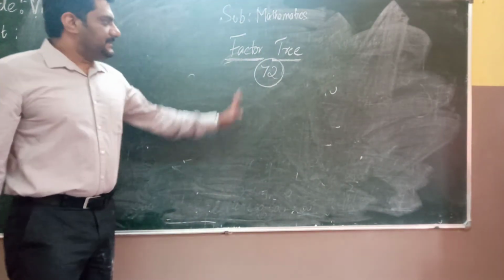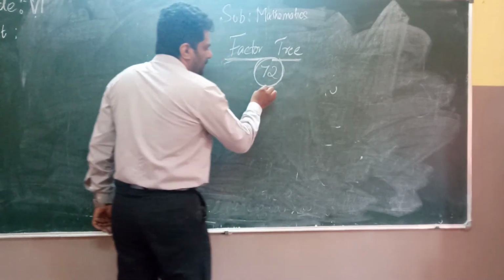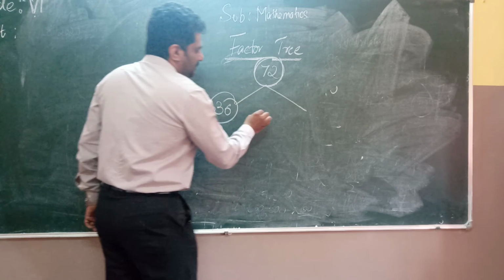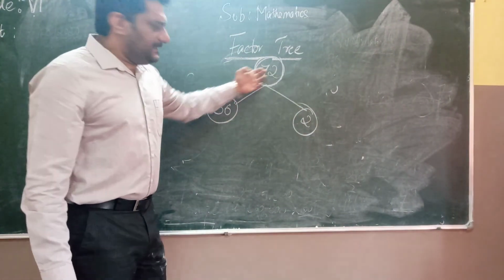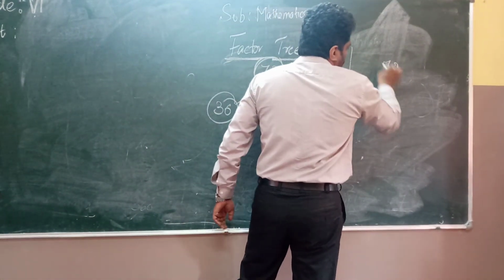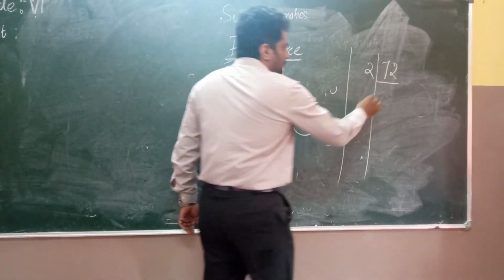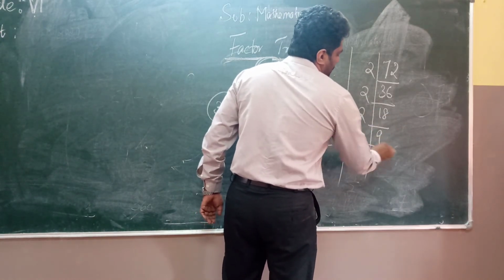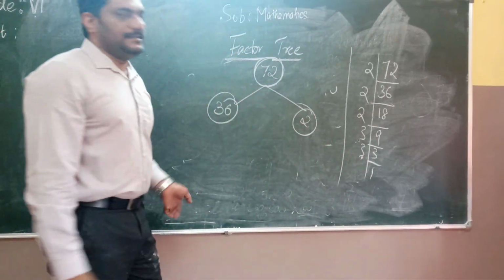The first number 72, split it into 36 multiply 2. 72 can be written as 36 into 2. How do you know that? Again, do the prime factorization of 72: 2 36s, 2 18s, 2 9s, 3 3s, 3 1s. Write this in order.